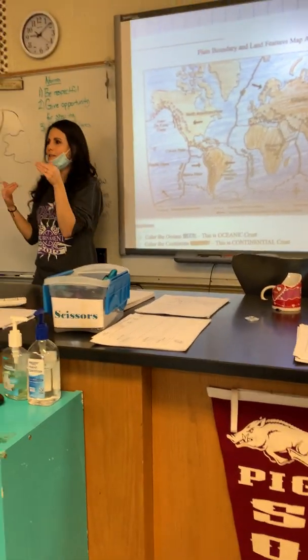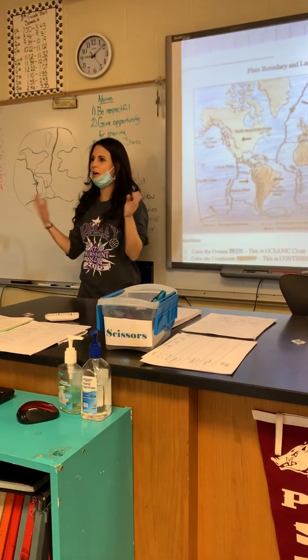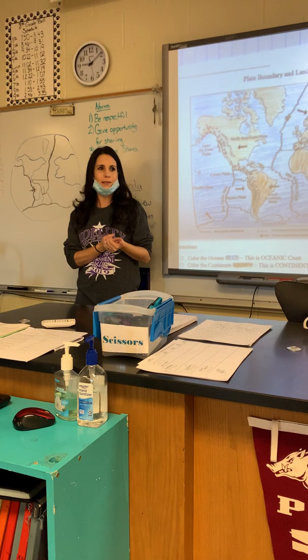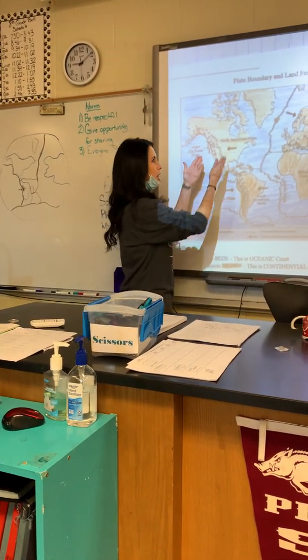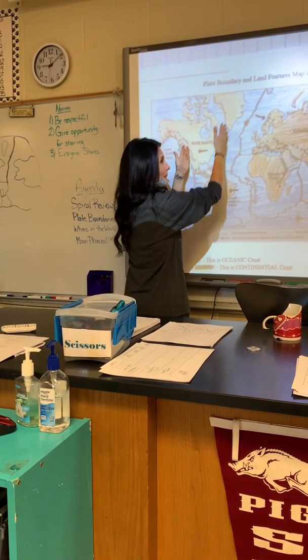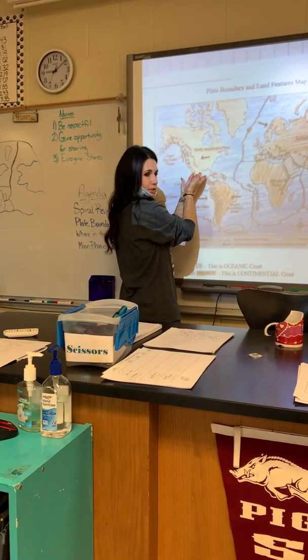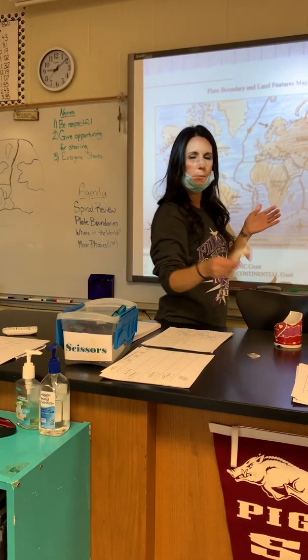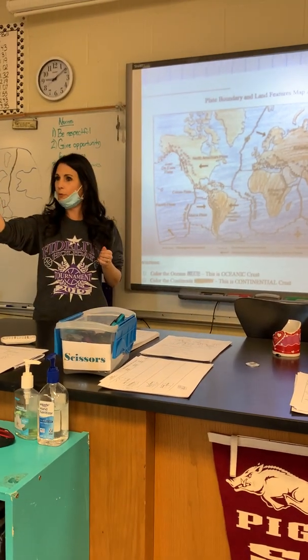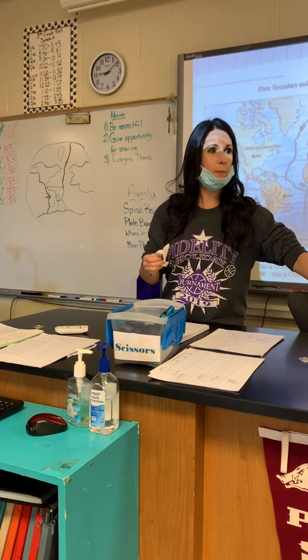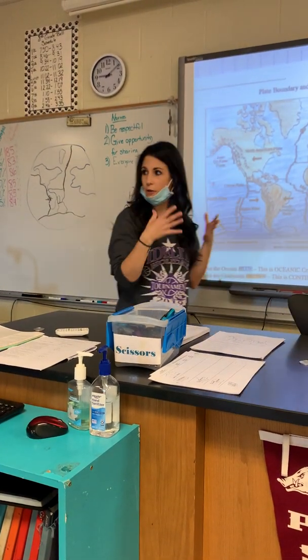Yesterday I kept asking some of my classes, and they just kept saying continental, continental. Just because it says North American plate does not mean that I'm only talking about North America. That whole plate goes wherever that break is. All right, so that's what I'm trying to get y'all to understand with the mud. This is one plate boundary. Then I have other plate boundaries, but together it makes the earth when they're all together.